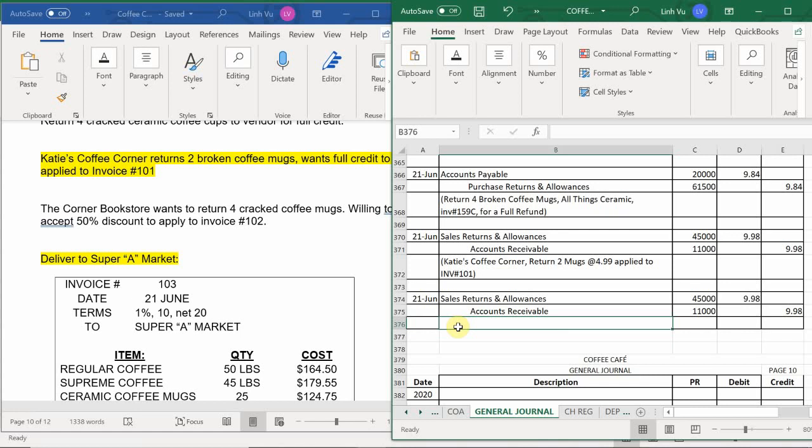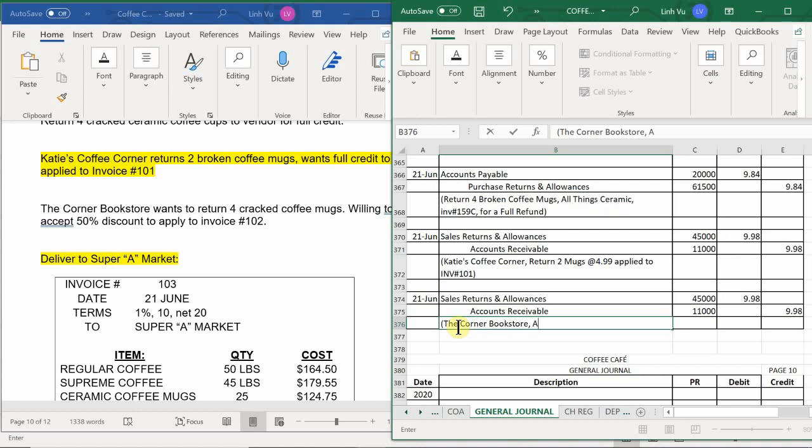So what should my notes say here? The corner bookstore, return for the mugs, they gave a 50% discount. Good.